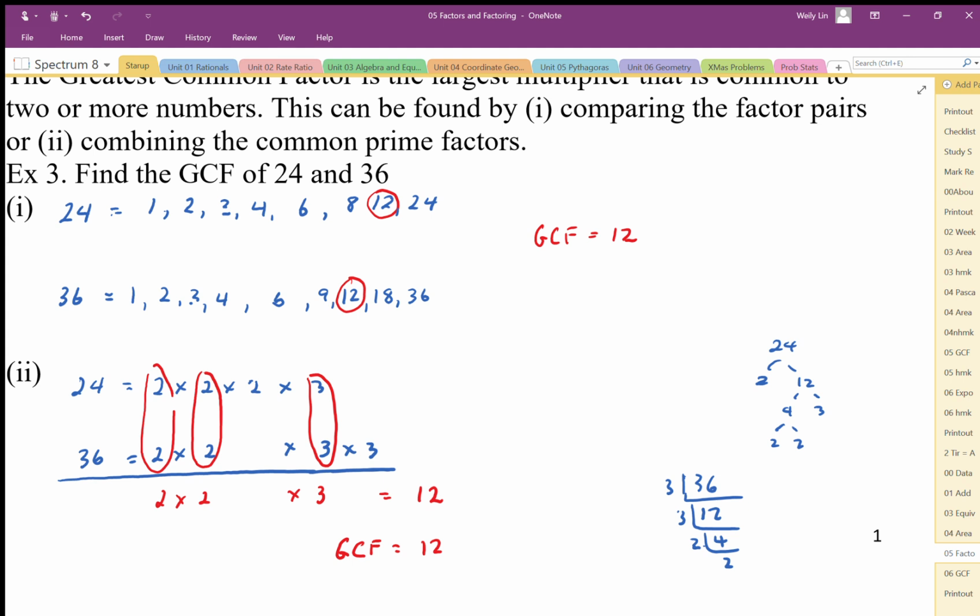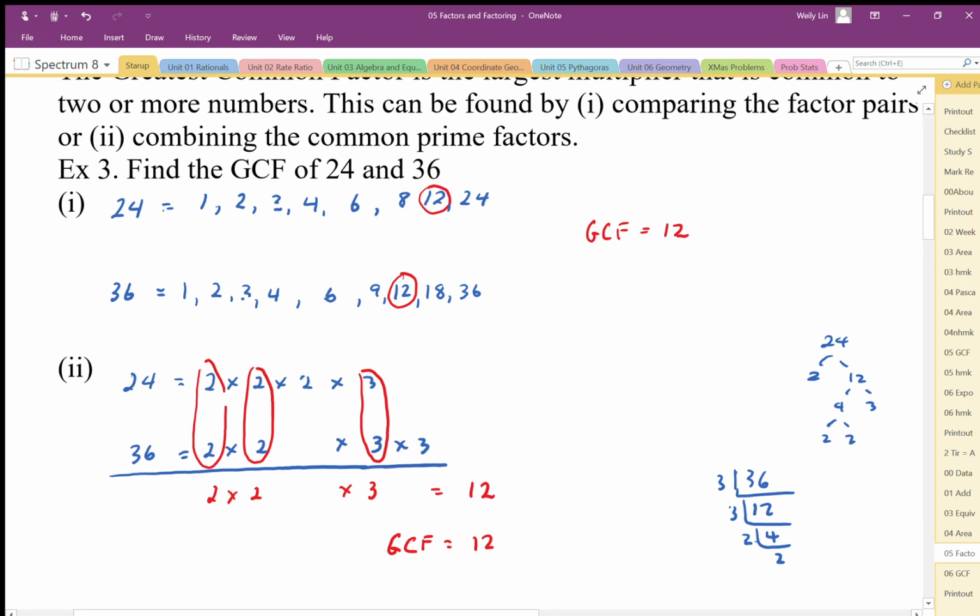Some people may look at this and say, oh, I can see the largest divisor is 12, and that's perfectly fine and good to be able to do. However, make sure you have some strategy. Strategy 2 tends to be a little more efficient, especially once we start dealing with bigger and bigger numbers. So I'm going to put a star next to this one, because it tends to be more efficient once we start getting into big numbers.